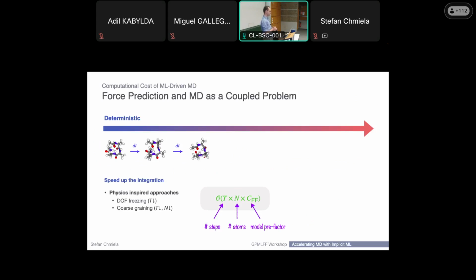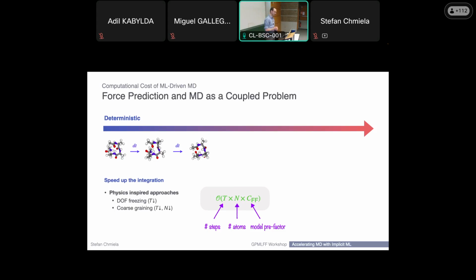If we look at physics-inspired approaches, how can we accelerate MD simulations? One thing we could do is freeze some degrees of freedom, for example removing hydrogens, which removes high frequencies from the signal. Therefore, we can choose a higher integration step. That gives us efficiency in how we run the simulation, but of course we alter the system that we're observing.